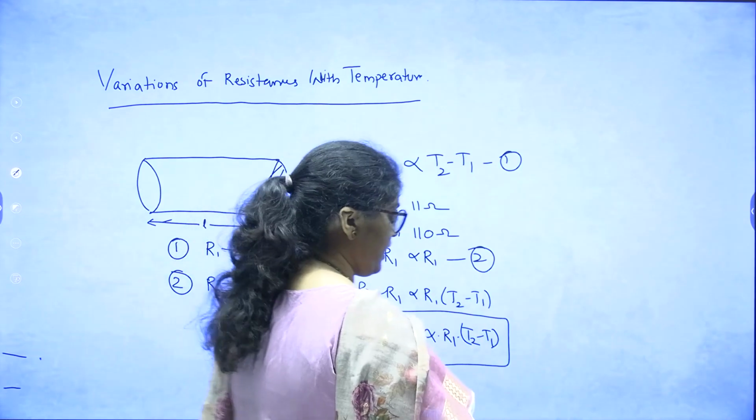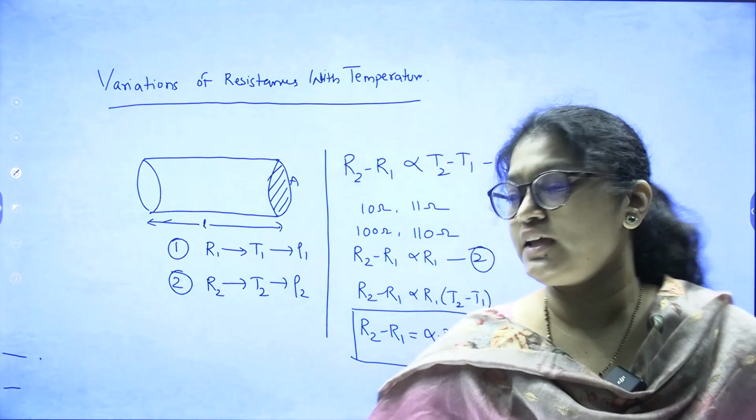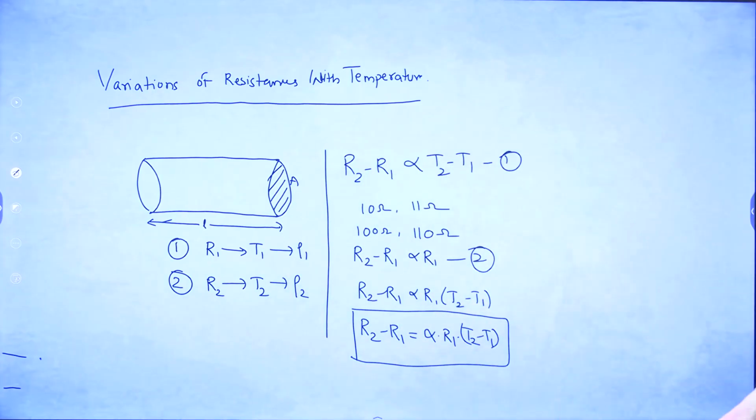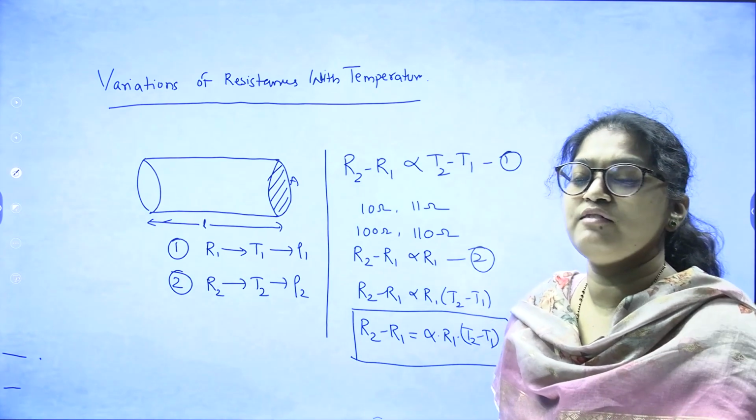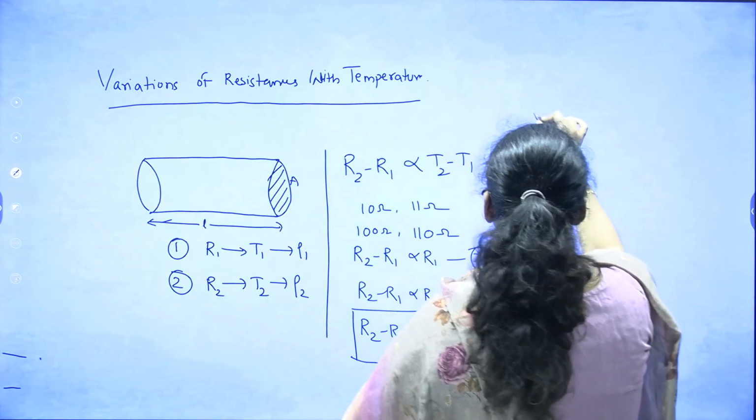What is the alpha here? Alpha is the temperature coefficient of resistivity. Alpha will be different for different materials.